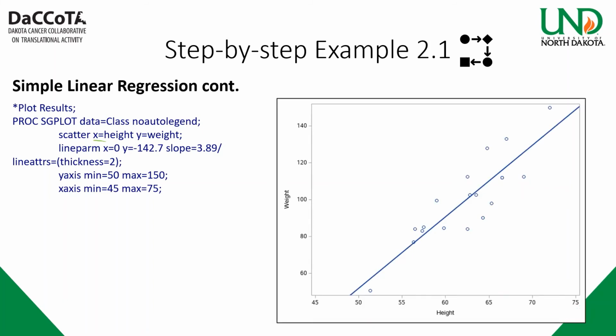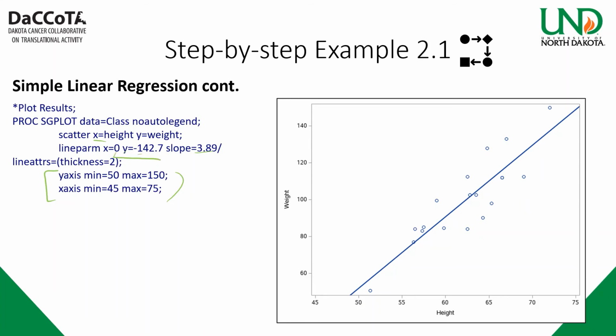So x is 0, and then this is our intercept, -142, and then the slope is 3.89. And then change some things with the attributes to get it set up. I also had to reformat the axis so it still fit within what we wanted here. Otherwise, it zoomed out because of the intercept.